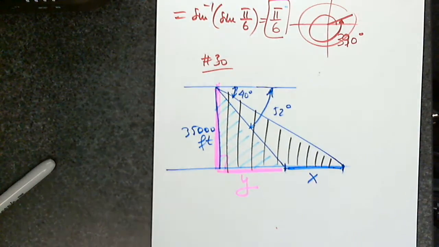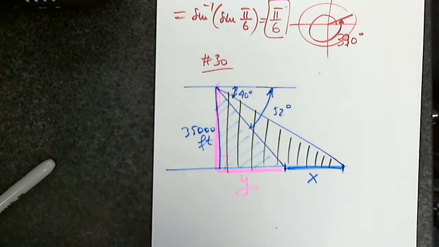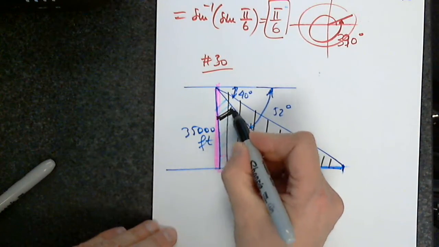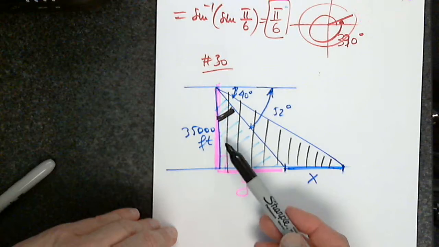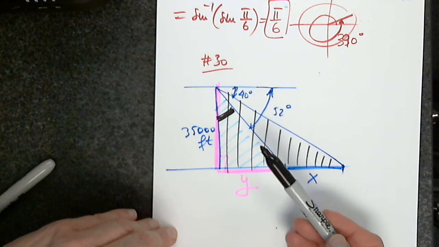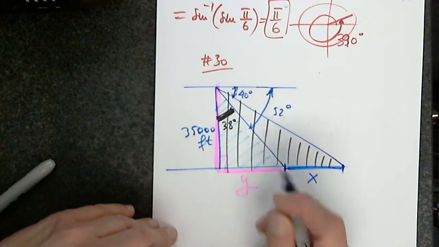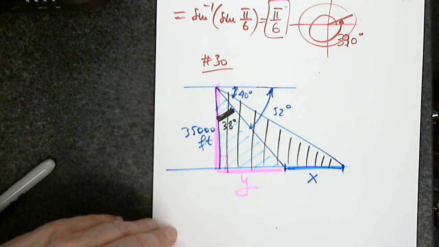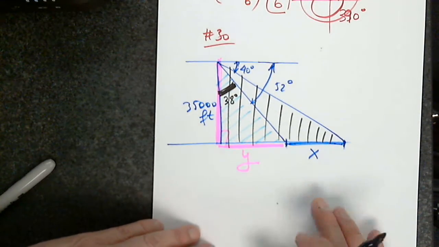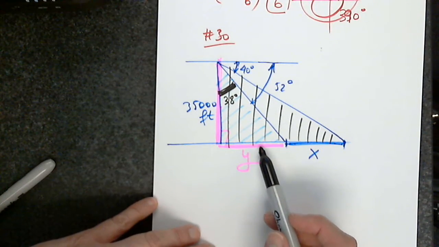In the small triangle, I know this angle at the top because it's definitely 90 degrees minus 52, and that's 38 degrees. So I can find tangent.